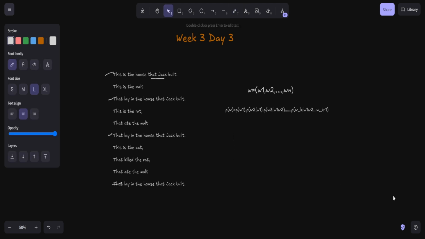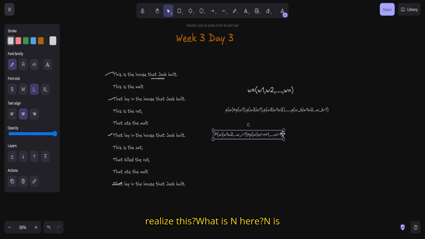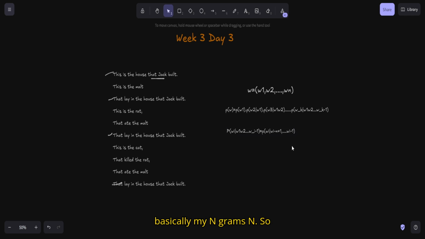The assumption says P of Wi given W1, W2 till Wi minus 1, which is the last term, we can assume to be P of Wi given Wi minus N plus 1 till Wi minus 1. What is N here? N is basically my N-gram's N.